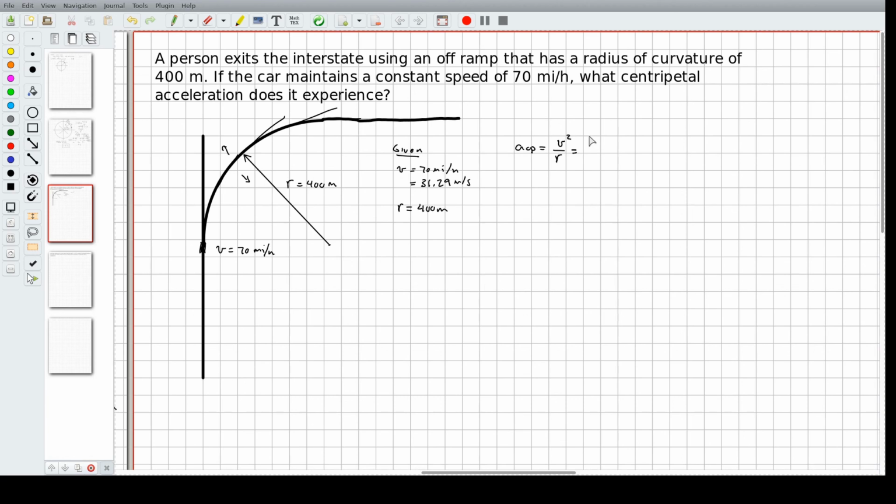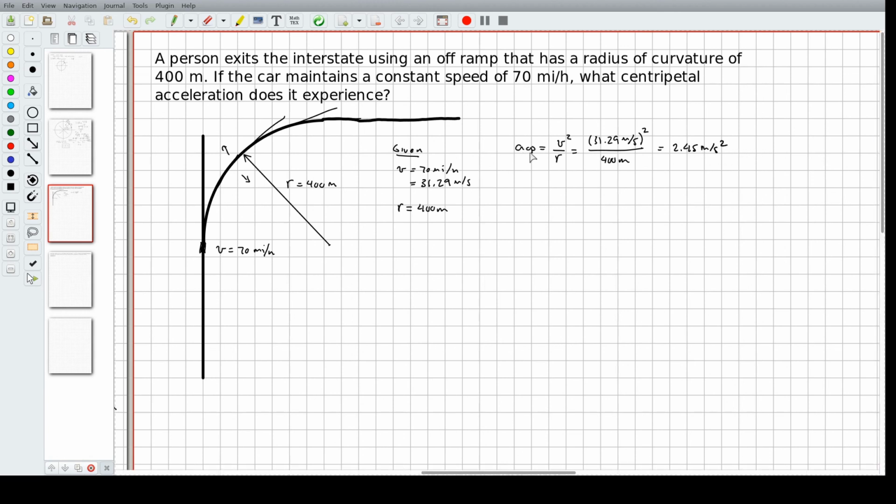And in this case, that would be 31.29 meters per second squared divided by 400 meters. So if you do that, I get an acceleration of about 2.45 meters per second squared.